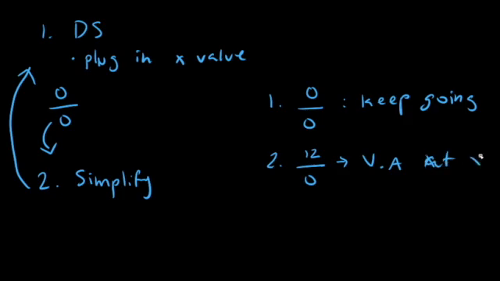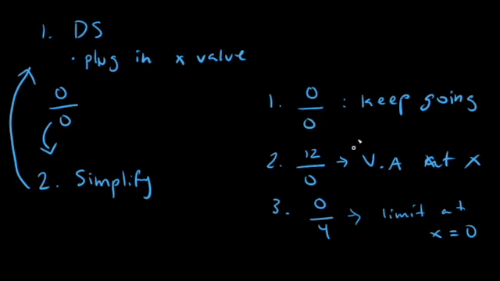And the other form could be any number over another number. For example, say we get 0 over 4, because that would mean that the limit is at a real number, which is 0, right? So that means the limit is at 0, limit at x equals 0.